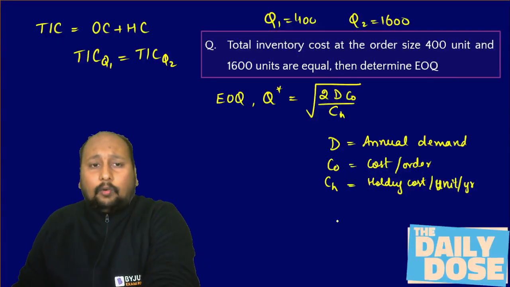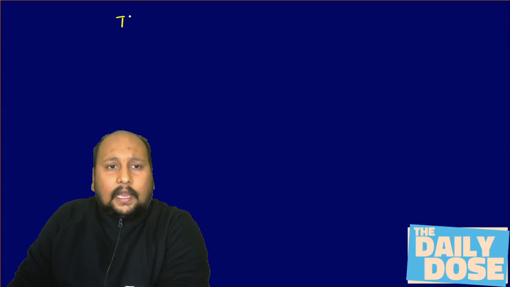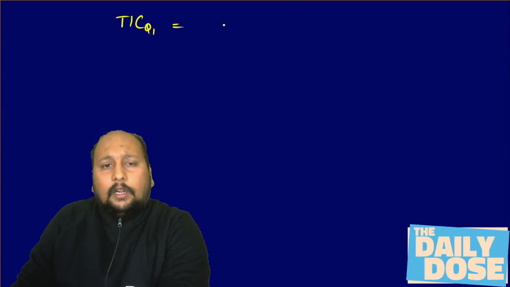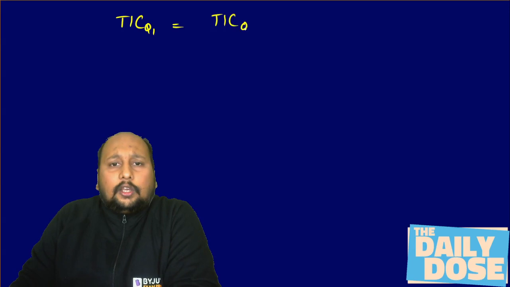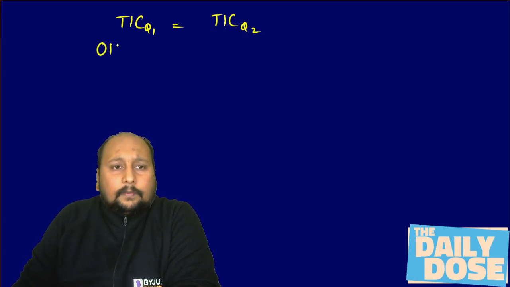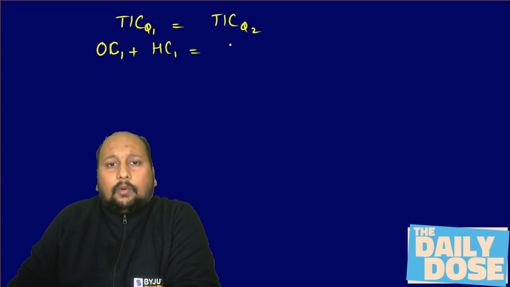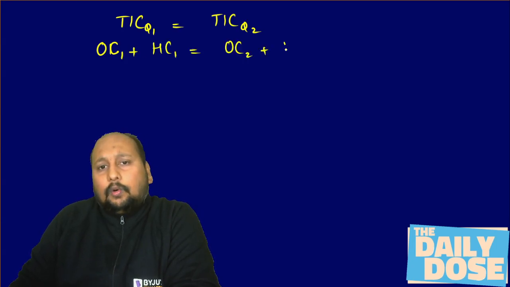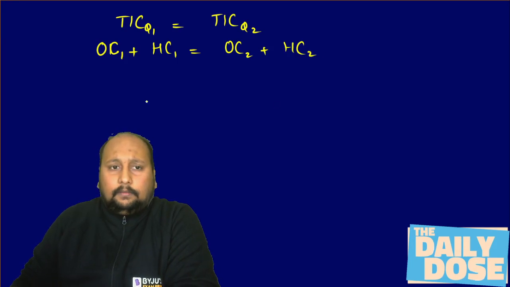So if I use the same relation, TIC Q1 is equal to TIC Q2. What is TIC? It is the ordering cost 1 plus holding cost 1, equal to ordering cost 2 plus holding cost 2, right? What is the ordering cost?